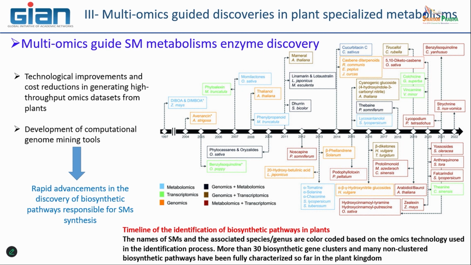But here you have different strategies. Before, for example, metabolomics was used alone to try to decipher specific genes missing in a metabolic pathway. Or transcriptomics, it is in green, or genomics, here in orange.